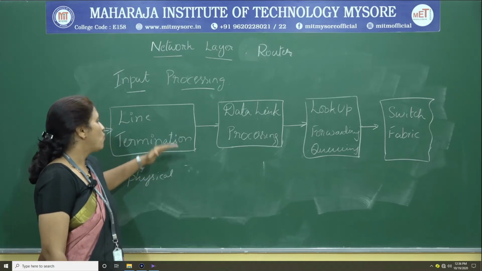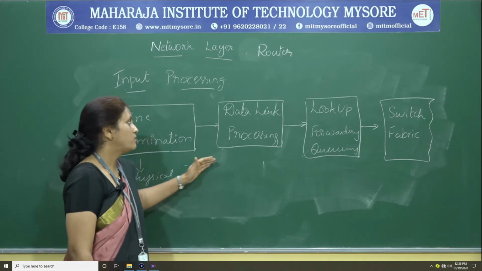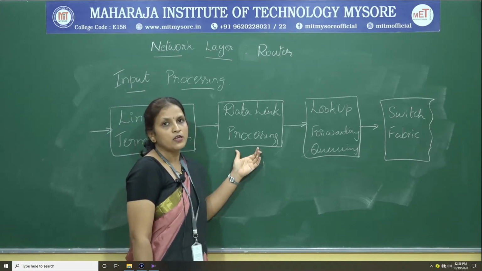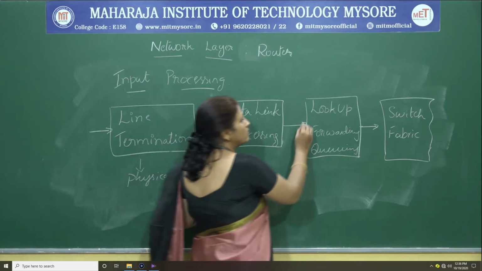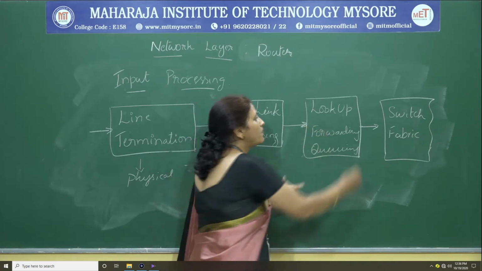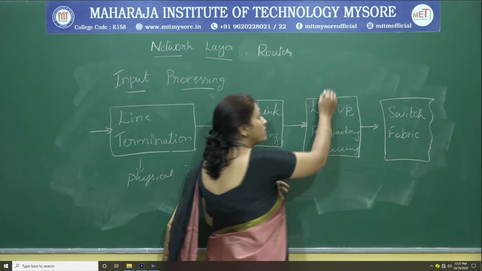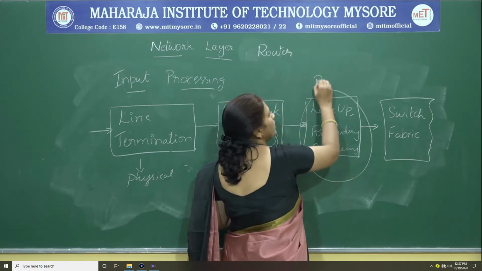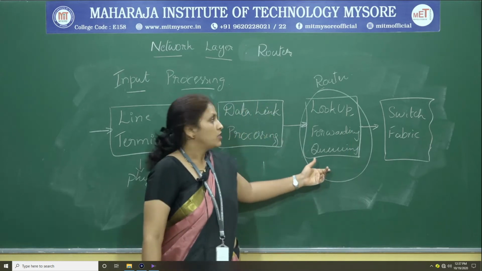Once it is done, it's transmitted to the next place where the data link functionalities will be taken care of. Once that is done, this is forwarded to the next place where the lookup, forwarding and queuing aspects will be taken care of.